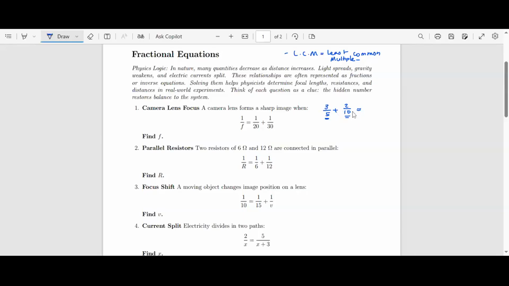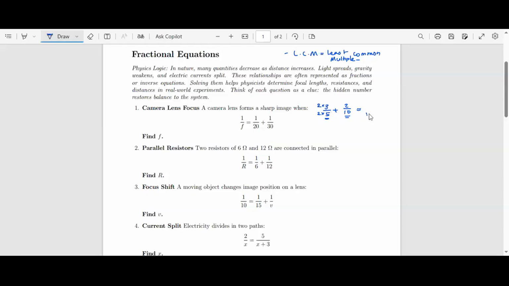If you just keep 10 as it is, and multiply 5 by 2, you come up with 10. If you multiply the denominator by 2, you're supposed to multiply the numerator also by 2. Whatever you do to the denominator should be done to the numerator as well.